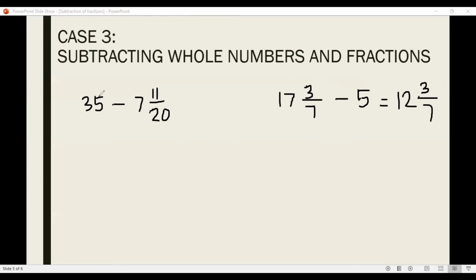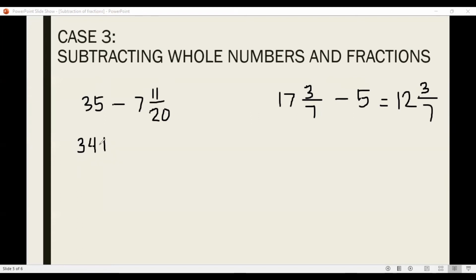But this one, this is a different story. Because in here, there is a need for us to regroup. So like in the case a while ago, wherein you cannot subtract the fraction. So this one has to be renamed in such a way that you will be having 34 plus 1.